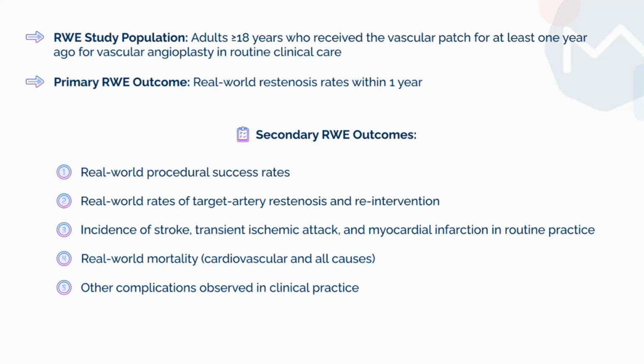This study was carried out successfully. We did generate the evidence required, but this is just a good example of the type of real-world data and how it can be applied within the context of medical devices.